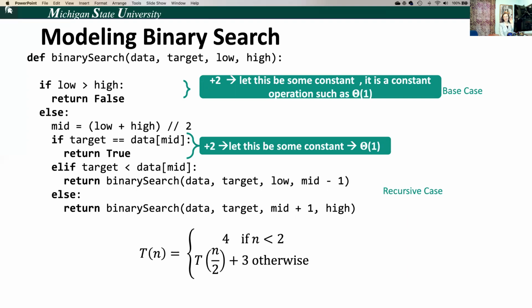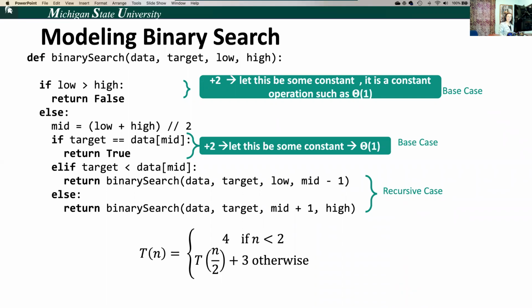If the input size is less than 2, I have a total of 4 operations. It's going to be either that or that, so you have to add all those operations, so it's 4. But like I said, I don't care for 4 or 5. You could have put 6 there. I don't care. You're going to put theta of 1 eventually.